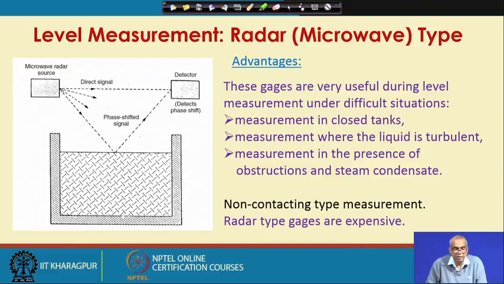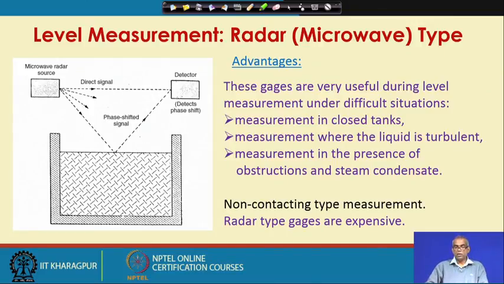There are advantages of using radar type or microwave type level gauge. These gauges are very useful during level measurement under difficult situations where it will be difficult for you to use other types of level measuring instruments, such as situations under measurement in closed tanks, measurement where the liquid is turbulent, measurement in the presence of obstructions and steam condensate.